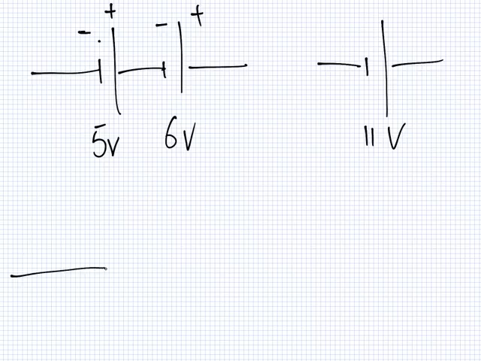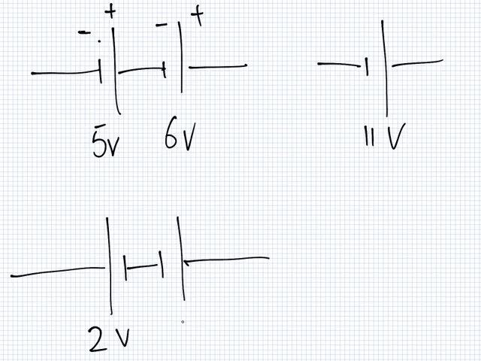However, if you put the cells in backwards like this, let's say this is 2 volts and this is 10 volts, you do not get 12 volts, instead you'll get 8 volts.